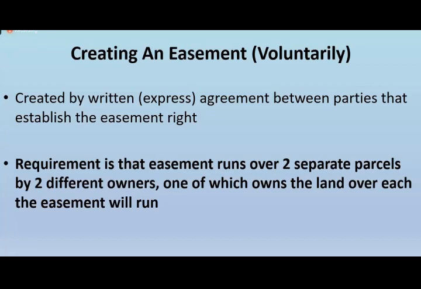Now, in the city, I don't think I've ever really seen anything like that, but I have in the counties. So the only way that you can get to your place is to go over your neighbor's land. Now, they could voluntarily create an easement, but if they choose not to, then you could go to court and you could ask the court to give you an easement based on necessity, and they would give it to you.